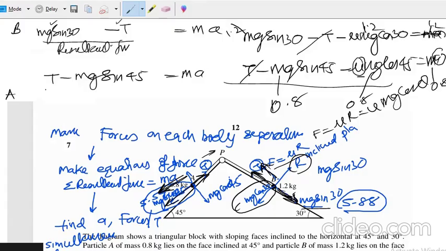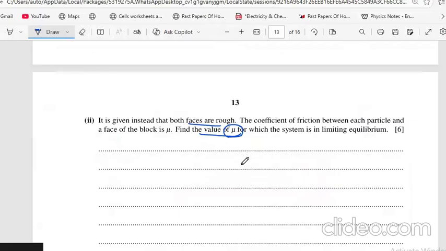So you'll get an equation in mu. The resultant force is causing zero acceleration. He said equilibrium, right? So you can just put ma as 0. If it's not equilibrium, then it becomes ma. Otherwise, it becomes 0. So let me show you the answer.